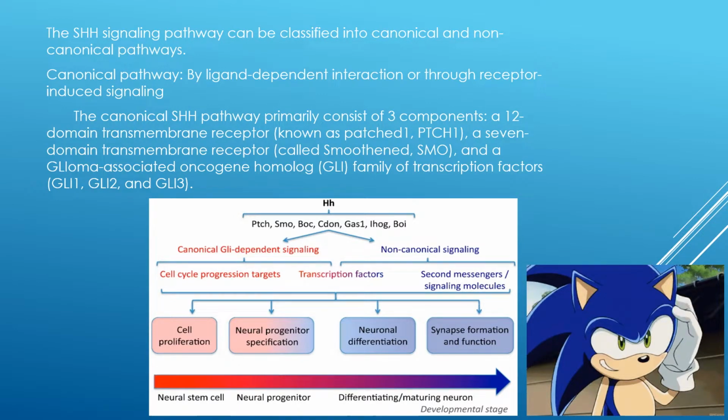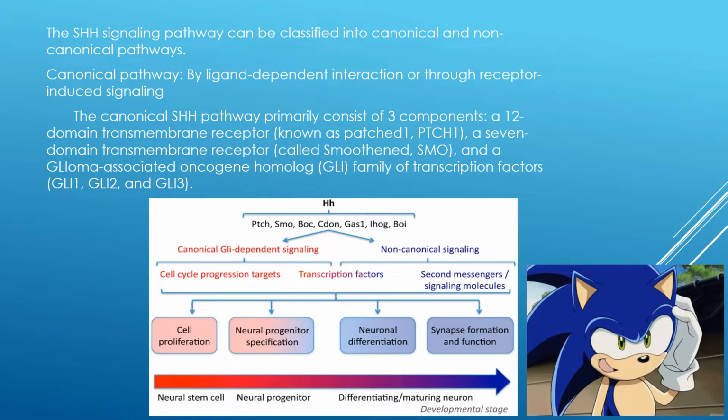There are actually two pathways for sonic hedgehog. One is called the canonical pathway, and the other is called the non-canonical pathway. However, we will be discussing the canonical pathway and how it is done through receptor-induced signaling. The canonical pathway consists of three components: Patched, Smoothened, and GLI.